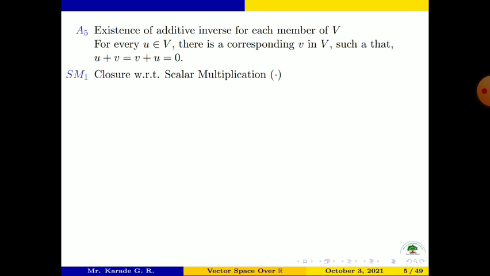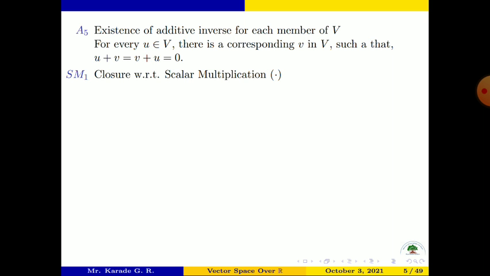Now the next condition we call SM1. So A5 means the condition on the fifth additive property. SM1 means it is the first multiplicative property: closure with respect to scalar multiplication.